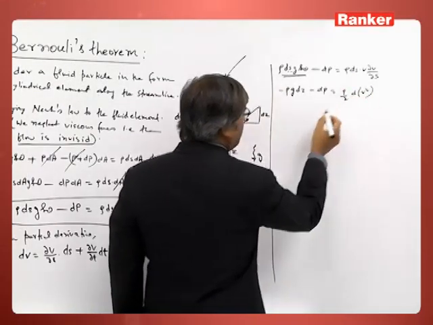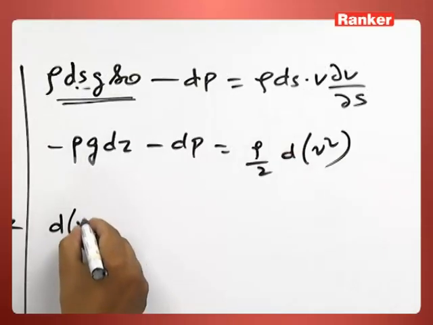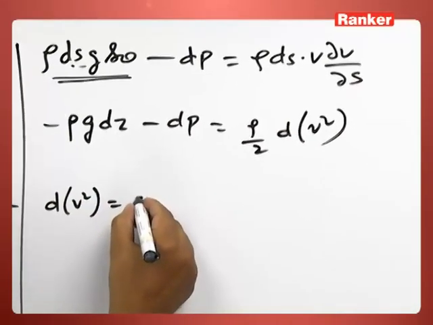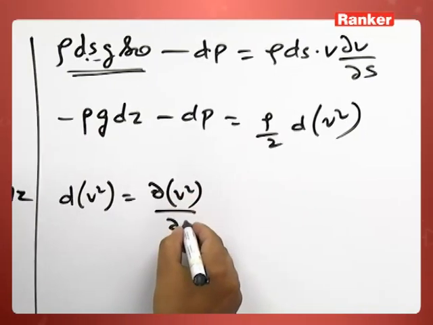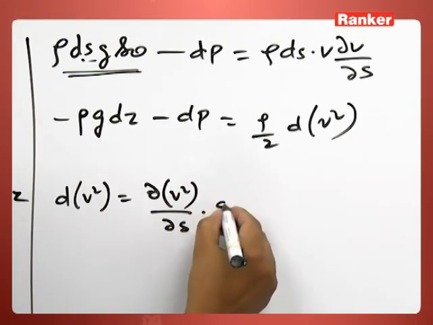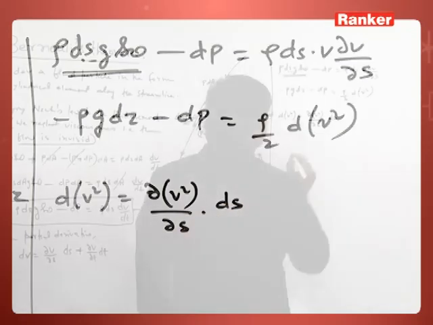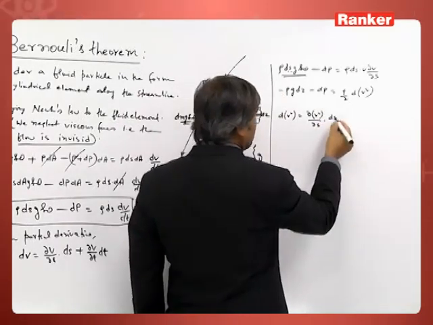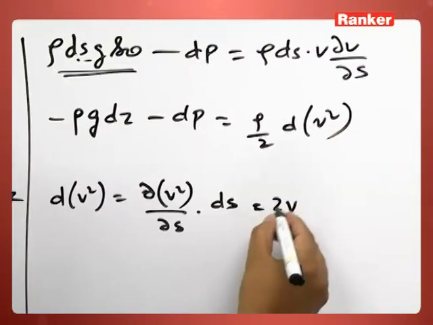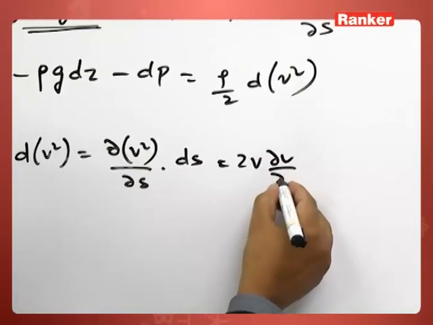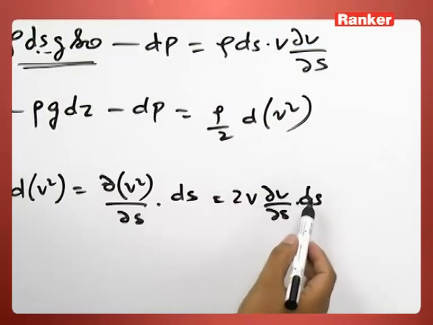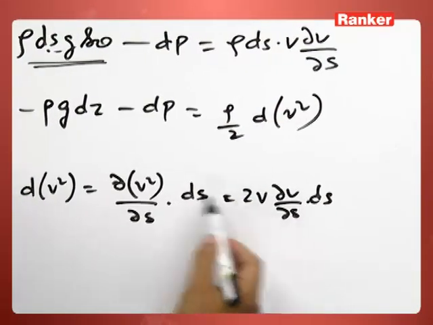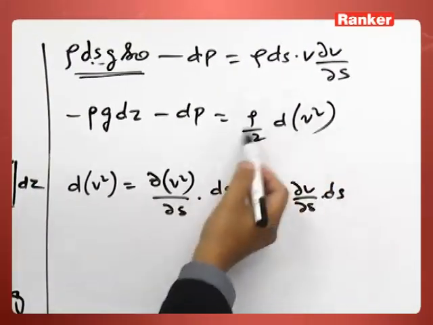Dou v square by dou s into ds is 2v dou v by dou s into ds. So this is v dv, that is d of v square by 2, what we have written.